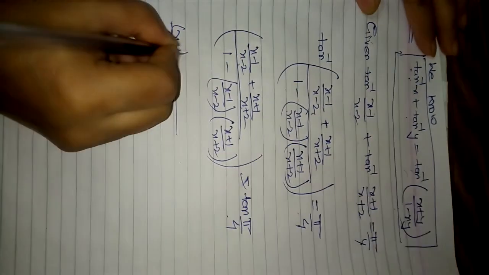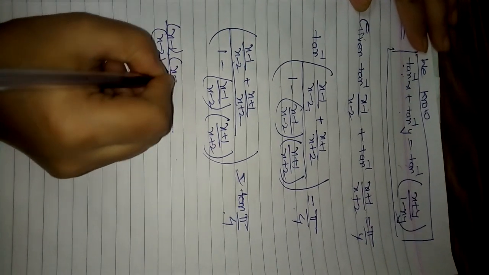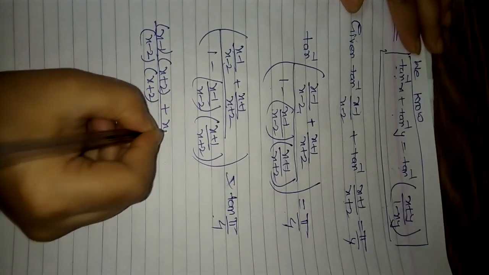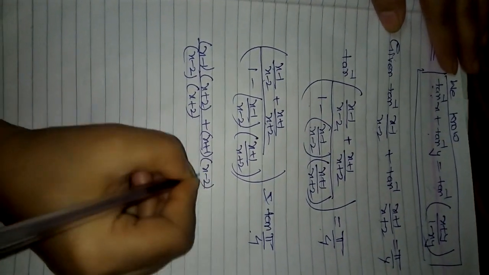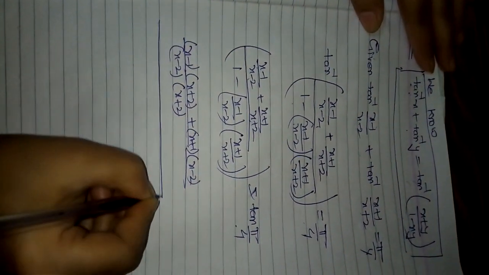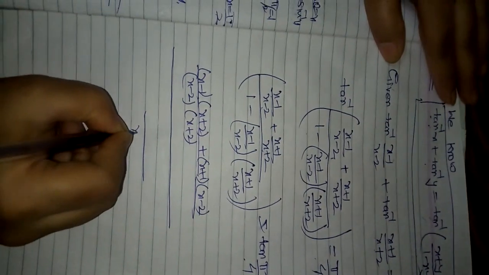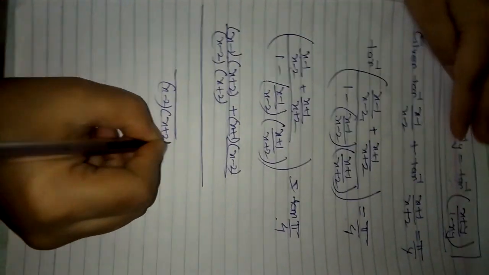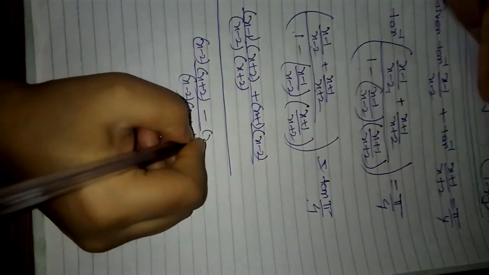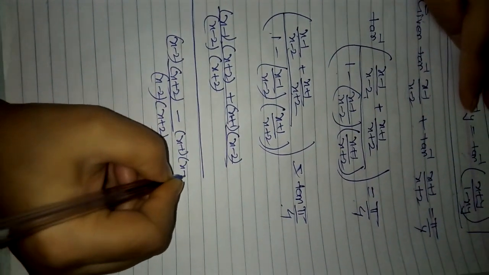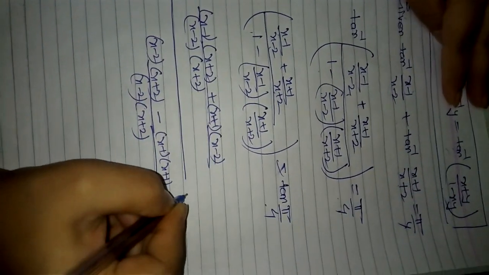So here what is coming: x minus 1 into x plus 2 plus x plus 1 into x minus 2, and in the denominator take the LCM, so it will come x minus 2 into x plus 2, by this term minus x minus 1 into x plus 1.